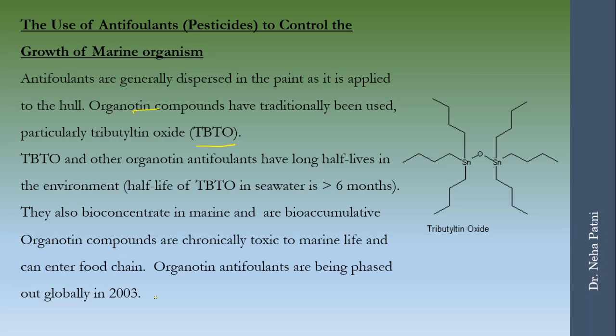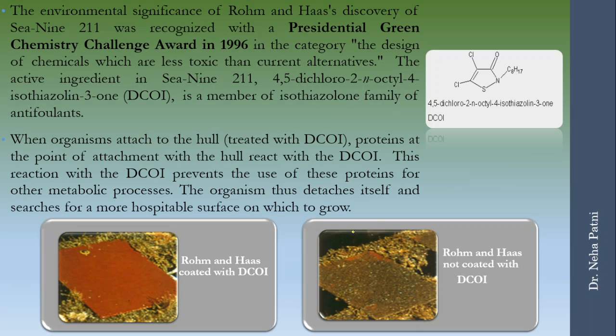At the same time, it can also enter the food chain. The moment you eat those marine organisms, fish, etc., it goes into human health also. So that is why organotin antifoulants are being phased out globally. So the greener alternative was making a new antifoulant, DCOI.